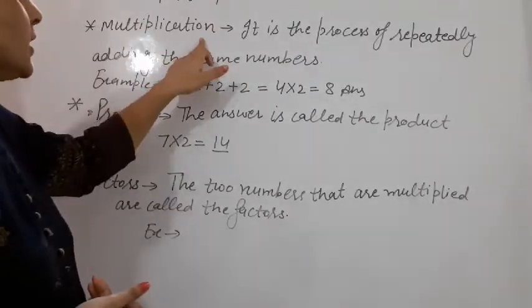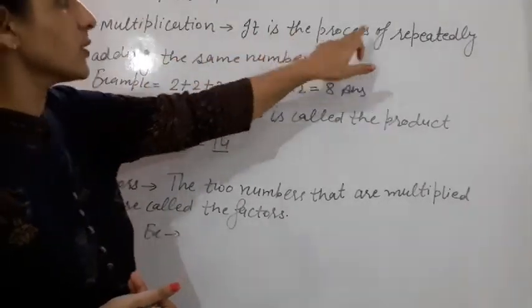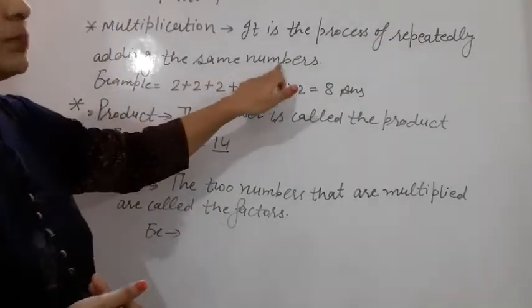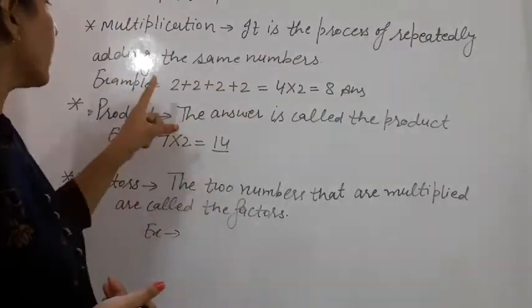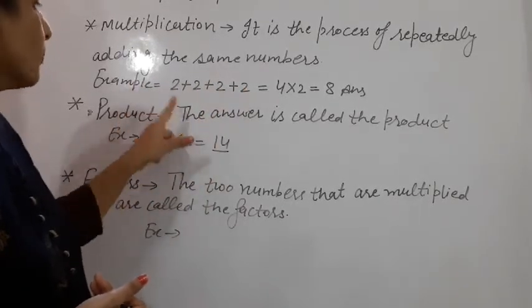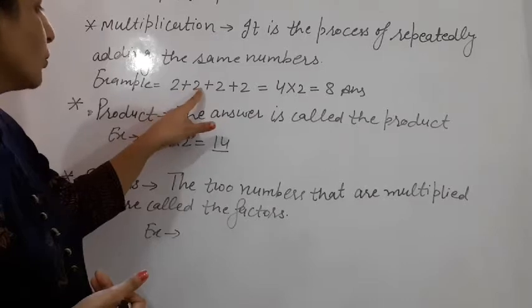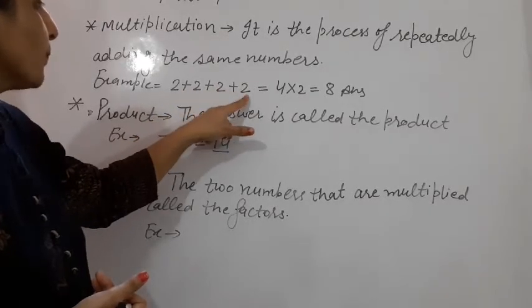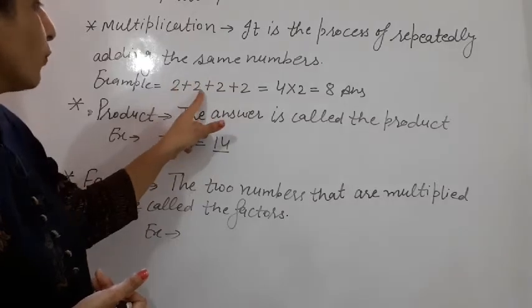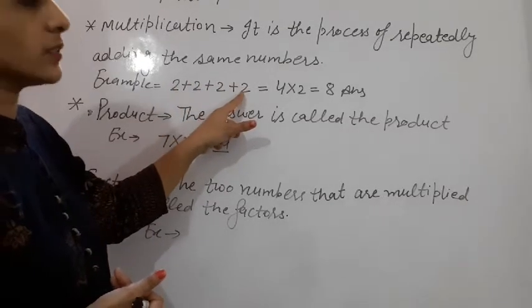What is multiplication? It is the process of repeatedly adding the same number. Multiplication means repeating the addition of the same number. For example, 2 plus 2 plus 2 plus 2. When we add all these numbers, we get 2 plus 2 is 4, then 6, then 8. Clear?